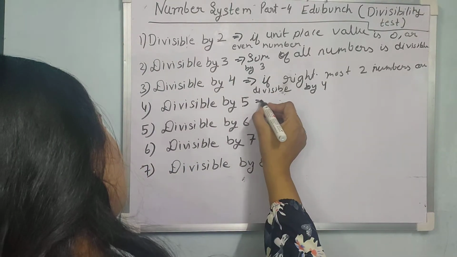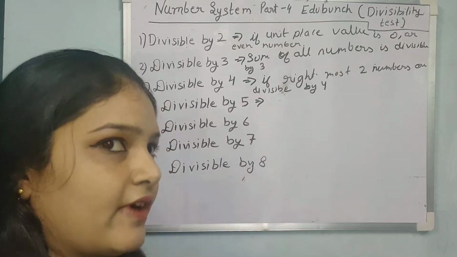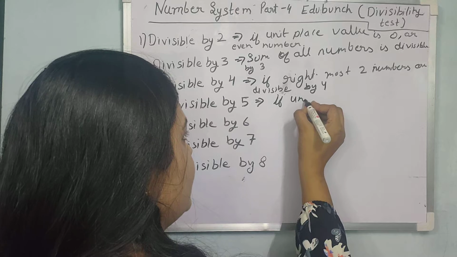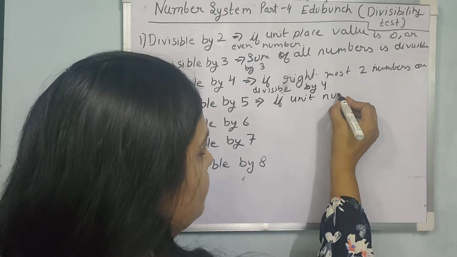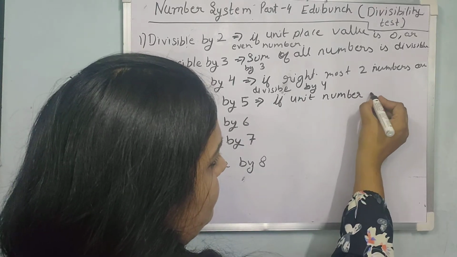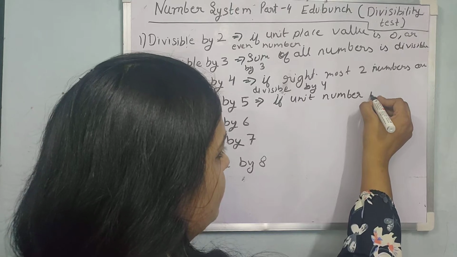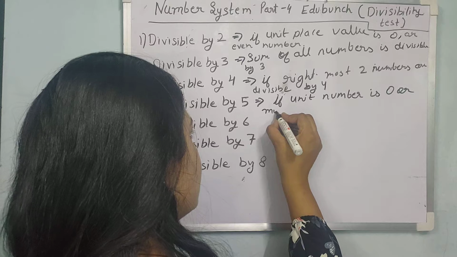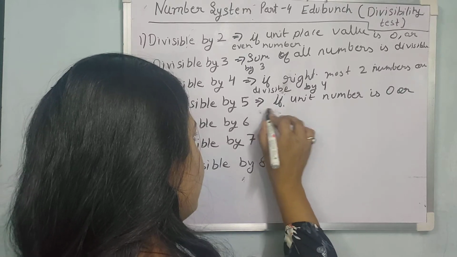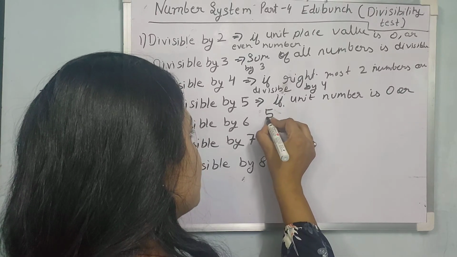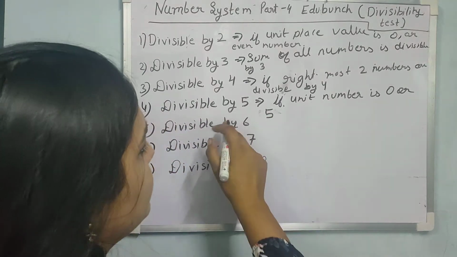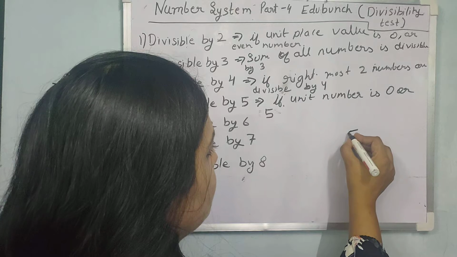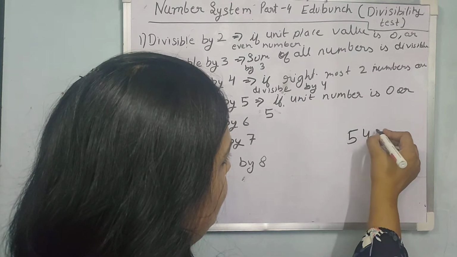Next, divisibility test for 5. If the unit number is 0 or 5, we can say the complete number is divisible by 5. Look here, like 545.